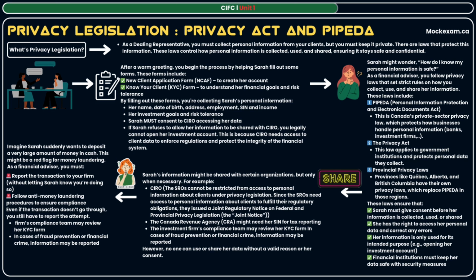You still need to document and report this event, even if the transaction didn't happen. Keep this in mind. Then, when you report the transaction and event to the firm's compliance team, they may review her KYC form. In case of fraud prevention or financial crime, information may be reported. That's the example of how the compliance team will get access to Sarah's information.